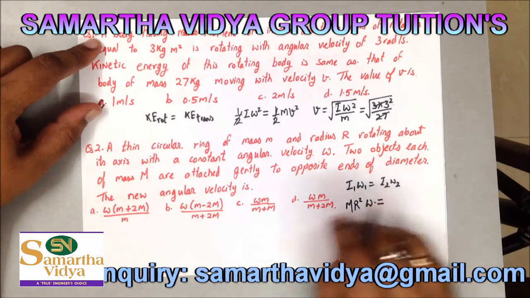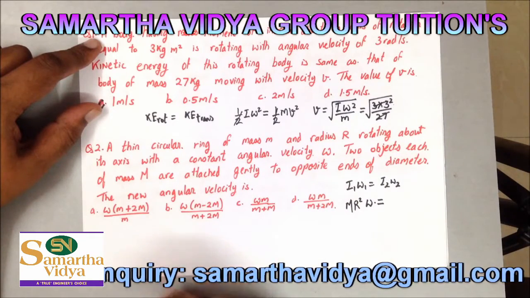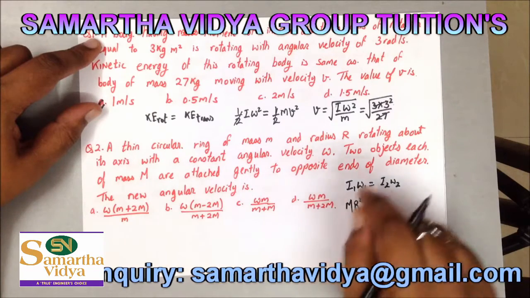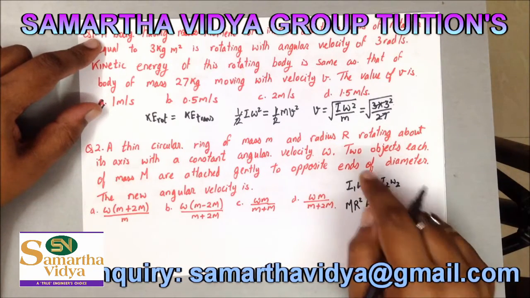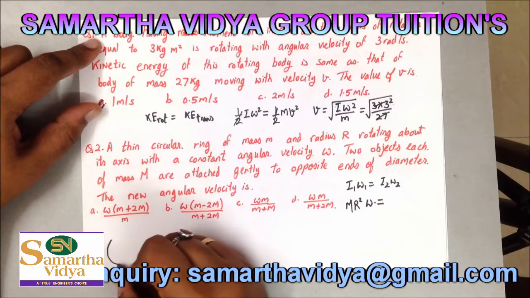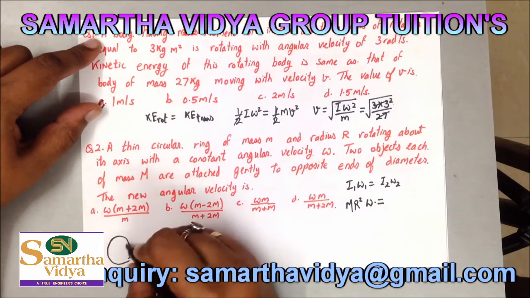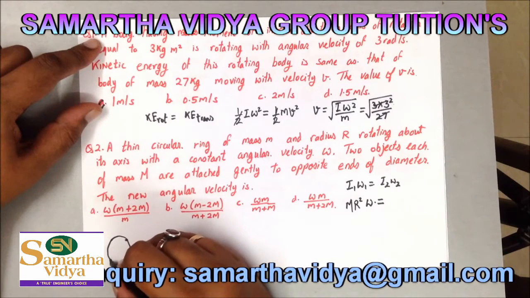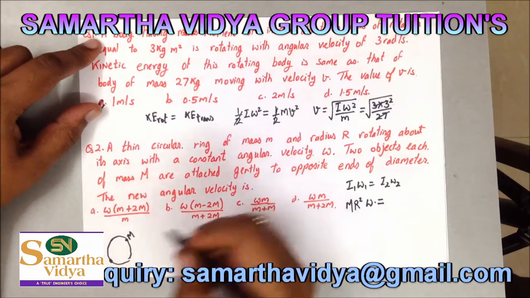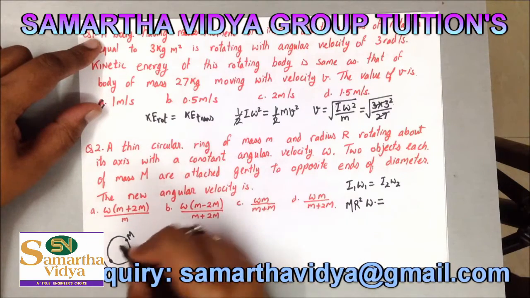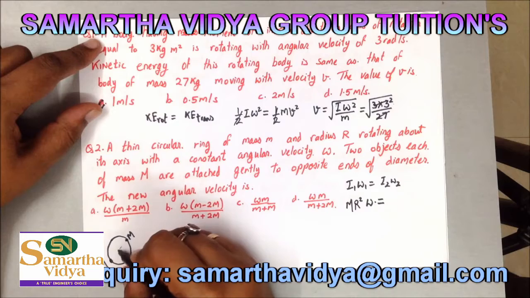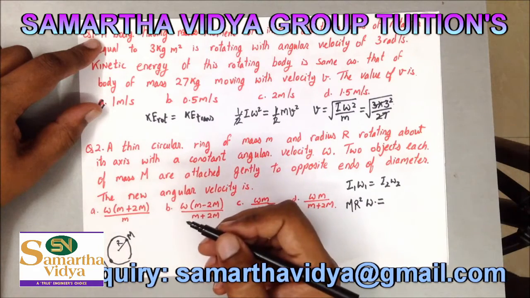So I2 is nothing but the moment of inertia of the ring plus the masses which are attached to it. Now these two masses, we can see that this is my ring, and they are attached diametrically opposite to each other. They are of mass capital M, and the distance from the center is r.